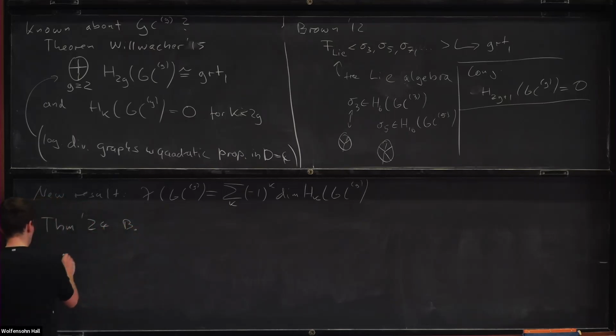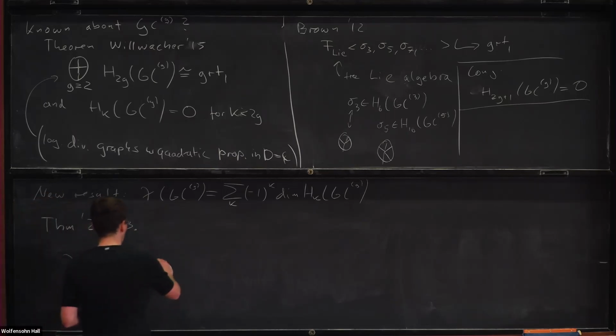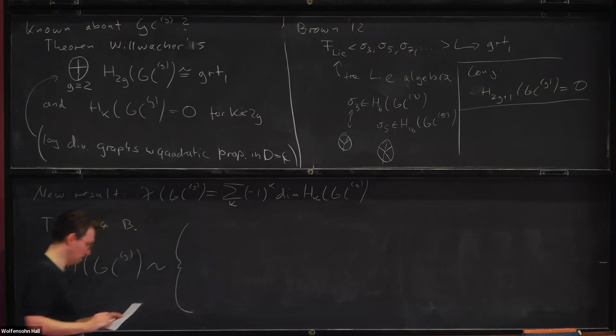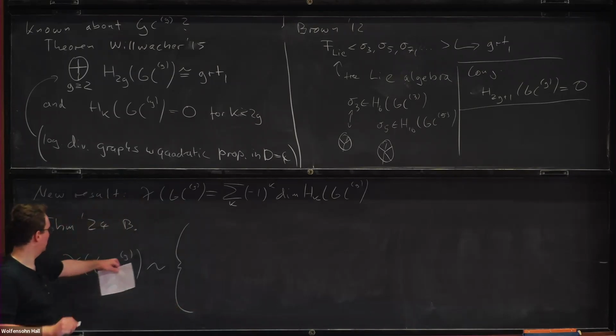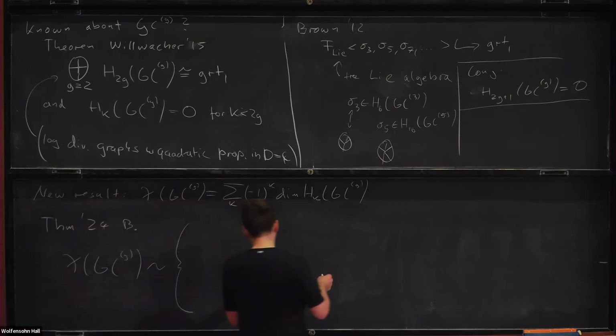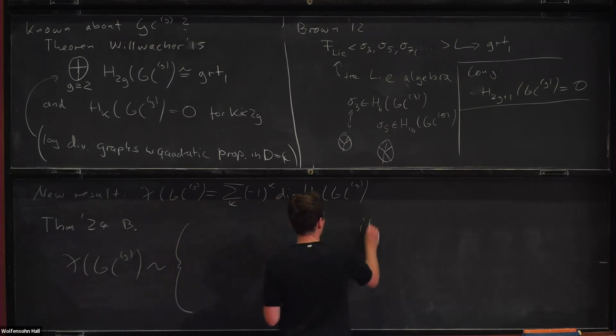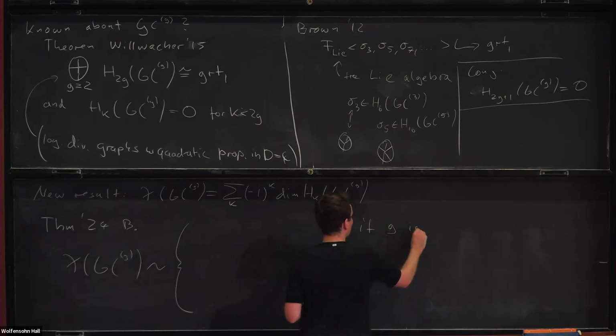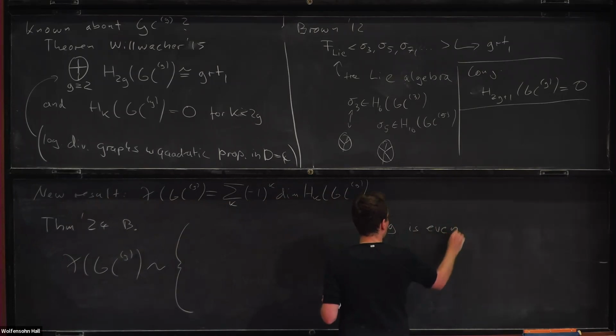So here's this formula. This Euler characteristic behaves asymptotically differently depending on the parity of the loop order. So there are different behaviors if g is even or if g is odd.